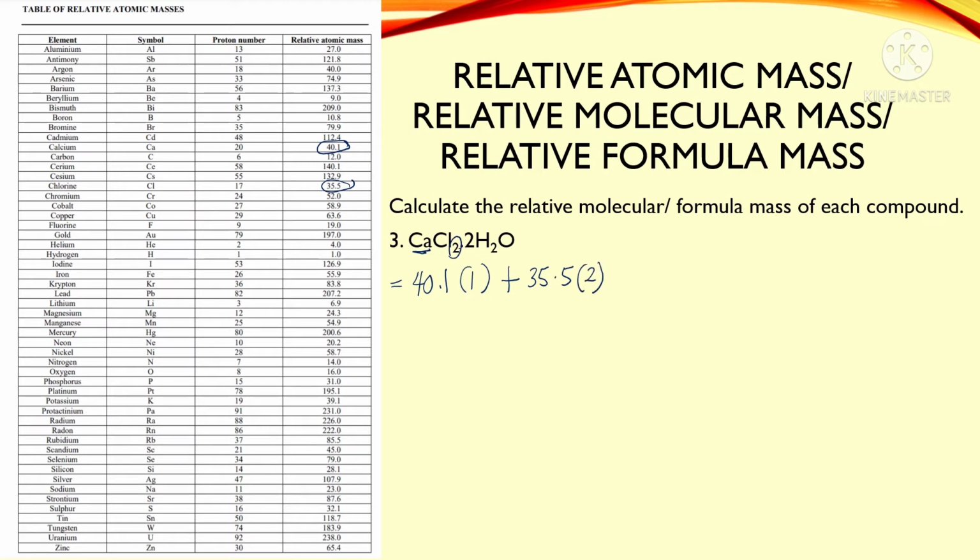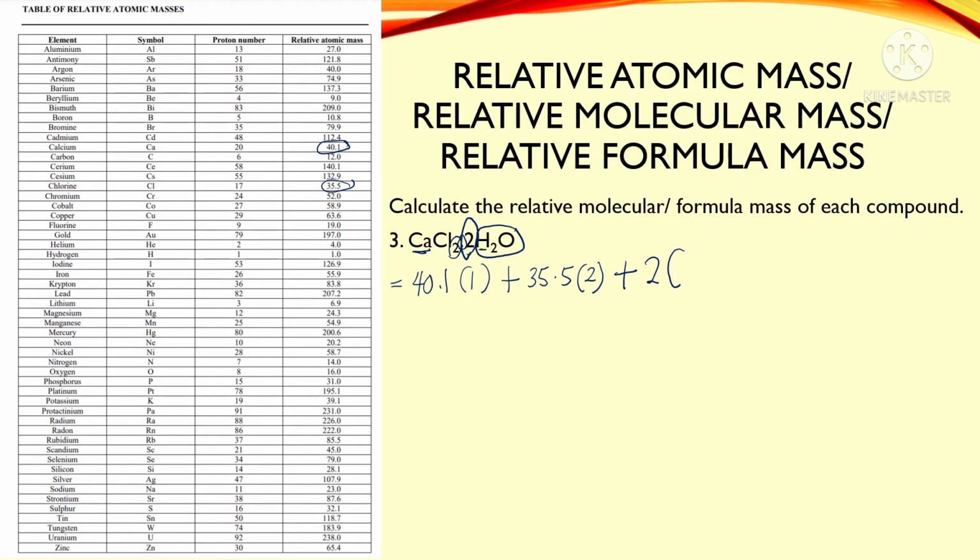And then, even though there's a dot here, remember the concept is sum out the relative atomic mass of all the atoms present. So it is still addition. So don't get confused. We still sum them out. So plus, there are 2 here. There's 2 here. So that means there are 2 water molecules combined to the calcium chloride. So therefore 2 outside with the relative atomic mass of hydrogen and oxygen inside.